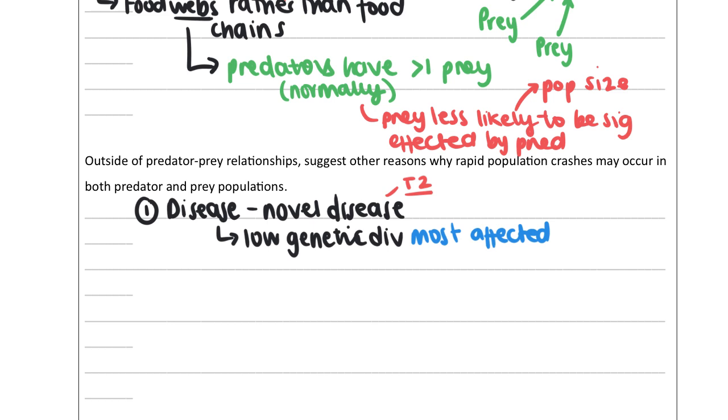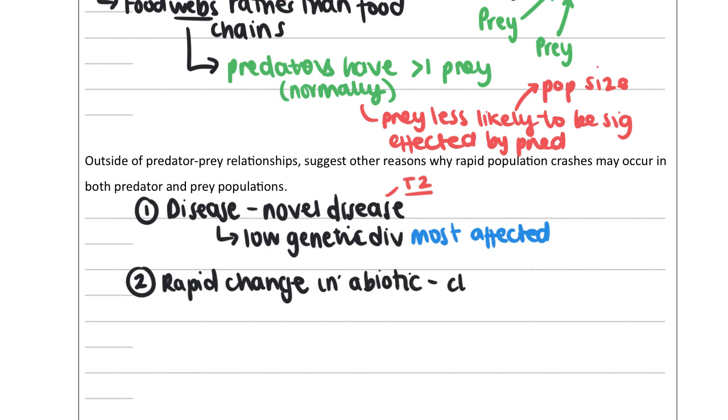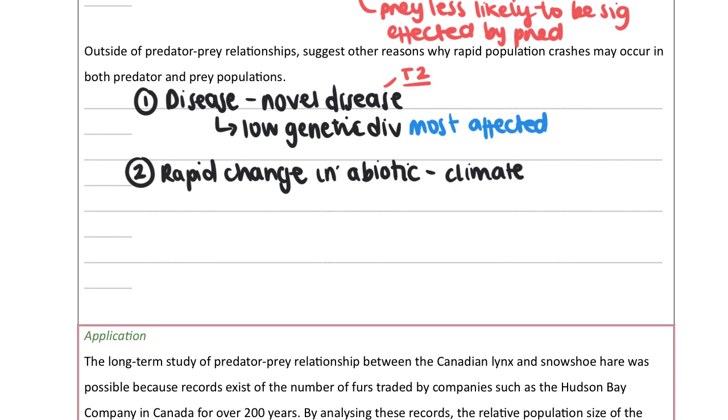And then we've got a rapid change in things like our abiotic factors. And I'm talking more specifically about the climate. And where we see the change in climate is that we see a change in selection pressures.